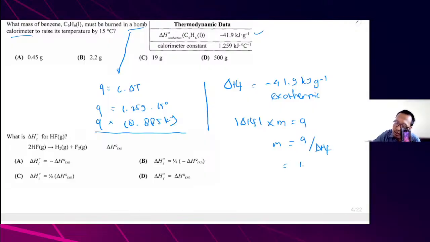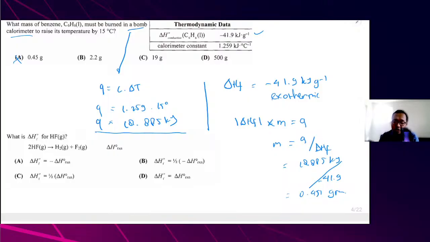So it will be 18.885 kilojoules over 41.9, and we get 0.459 grams. So the answer will be A. That's it.